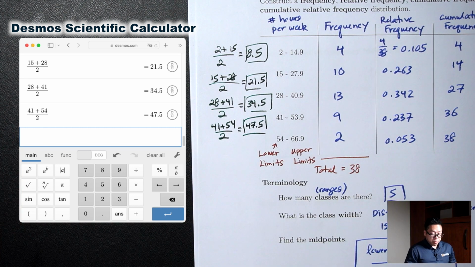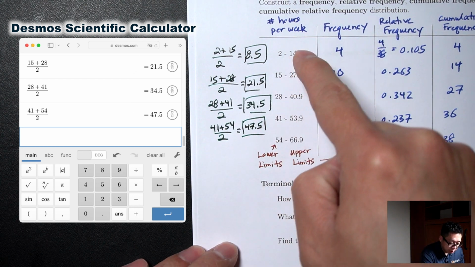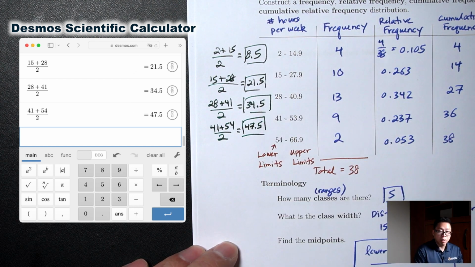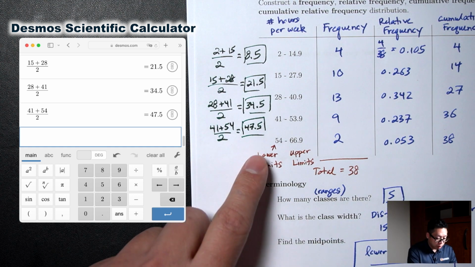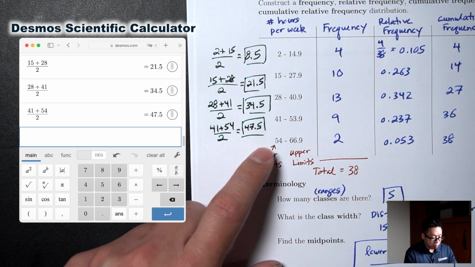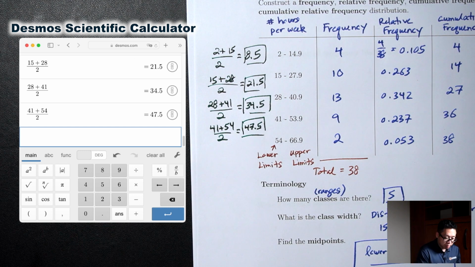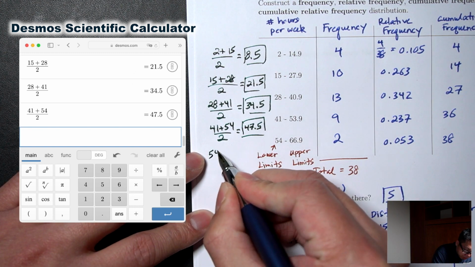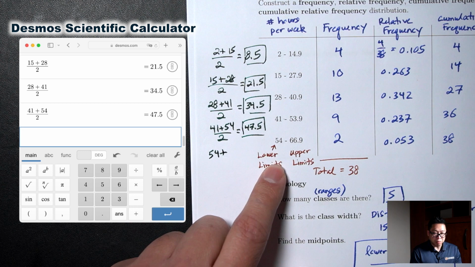Okay, we're not done. So I said you should have one midpoint for each range. There are 1, 2, 3, 4, 5 ranges. I have so far 1, 2, 3, 4 midpoints. I need one more midpoint for this last range. So 54 plus what? There's no more lowers.